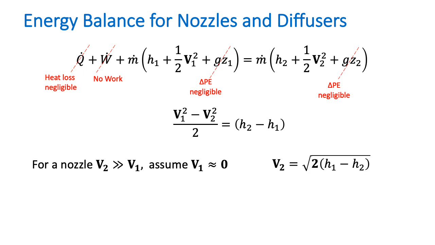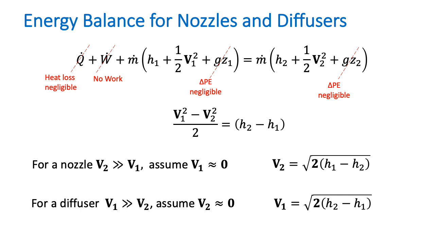In this case, the exit velocity from a nozzle is the square root of 2 (H1 minus H2). For a diffuser, we are going to make the opposite assumption, that V1 is much greater than V2, and therefore V2 is approximately 0. So in this case, the inlet velocity V1 is the square root of 2 (H2 minus H1). And we can use these expressions to calculate the inlet or the exit velocity for nozzles and diffusers.